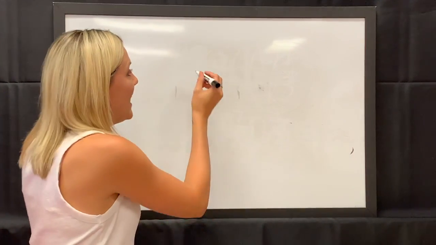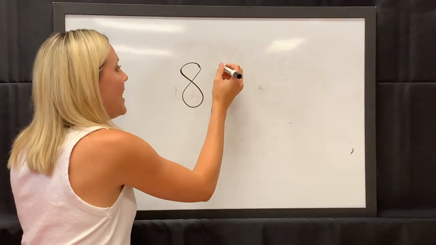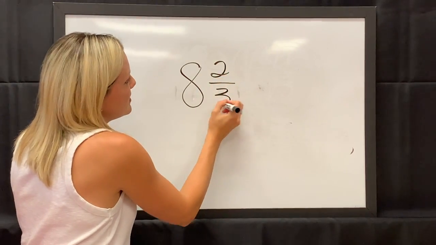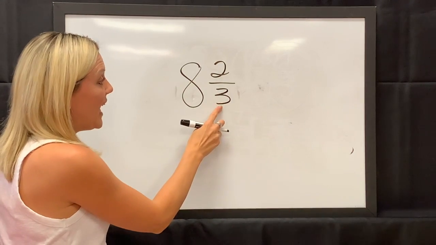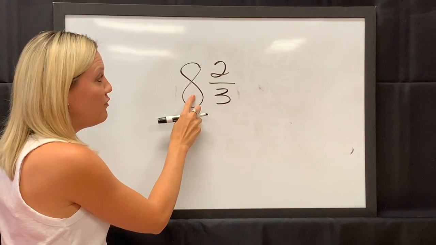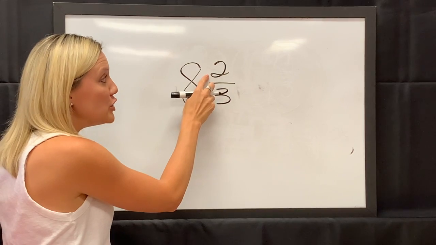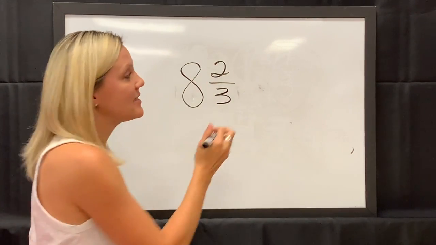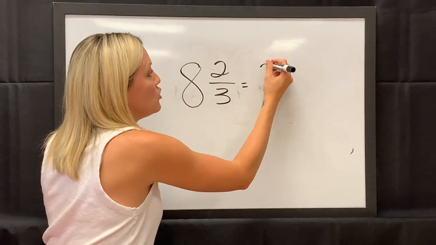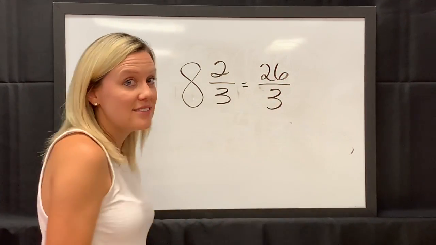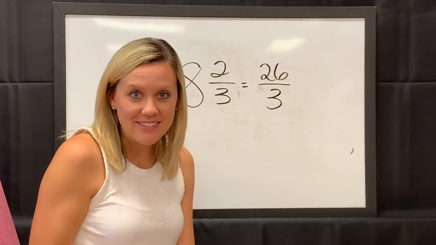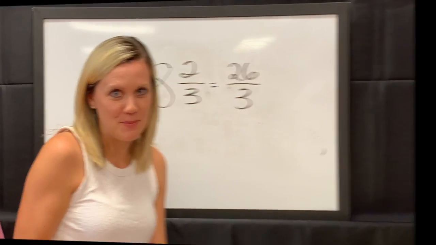Here we have 8 2/3. Okay, so instead of writing the whole thing out, I'm gonna go 8 times 3 is 24, plus 2 is 26, and I will get 26/3. Pretty simple, huh? Let's do one last example.